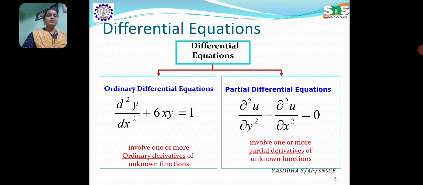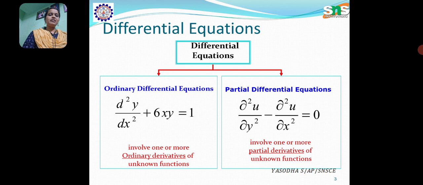Next, partial differential equation. So what is partial differential equation? An equation consisting of partial derivatives is called a partial differential equation. We already know about the partial derivative, right? Partial derivative is where more than one independent variable occurs.